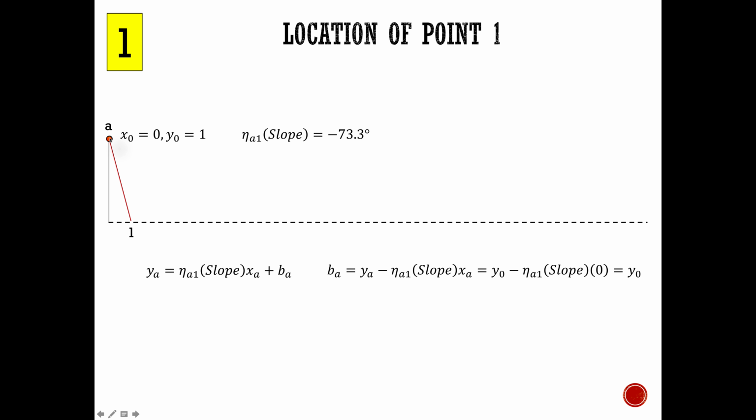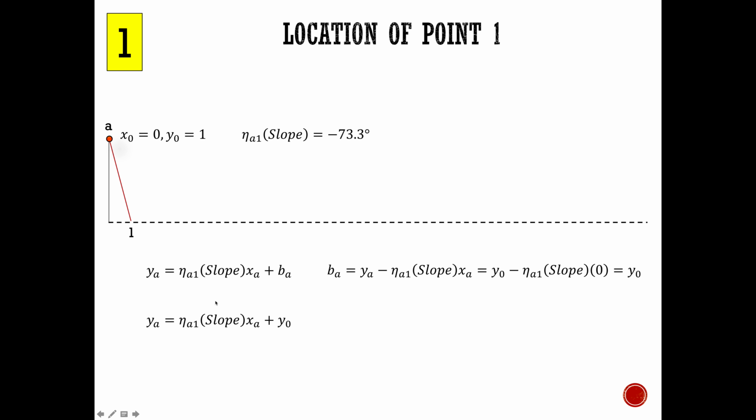The y-intercept of this line is at y naught, which is basically 1. Rewriting the slope equation in terms of b, you get bA equals yA minus the slope times x naught, but in this case our x naught is 0. So you end up getting y naught. So basically your bA is y naught.